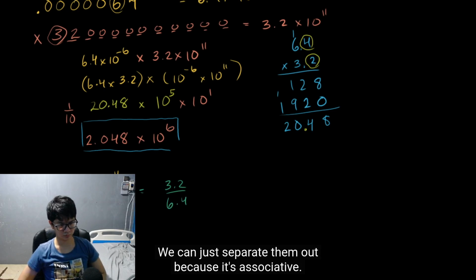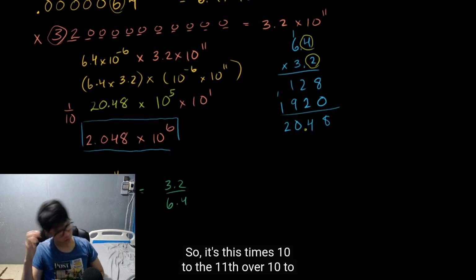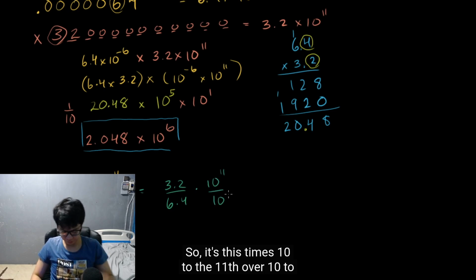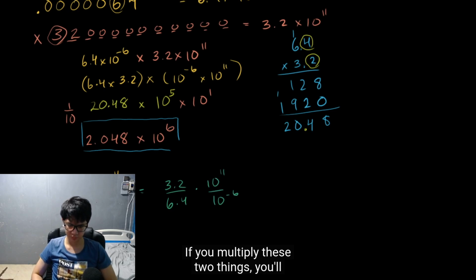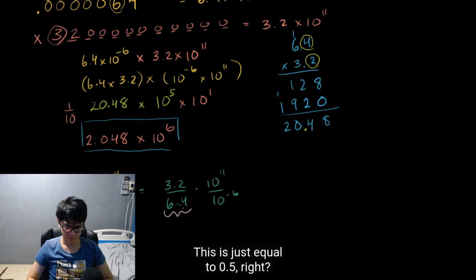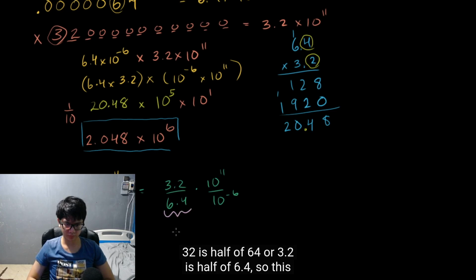We can just separate them out because it's associative. So we can say this times 10 to the 11th over 10 to the minus 6. If you multiply these two things, you'll get that right there. So 3.2 over 6.4 is just equal to 0.5, right? 3.2 is half of 6.4. So this is 0.5 right there.